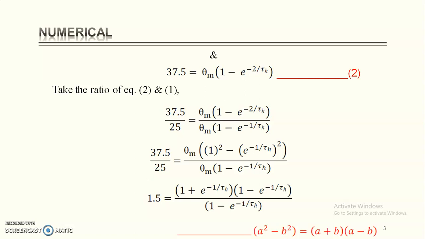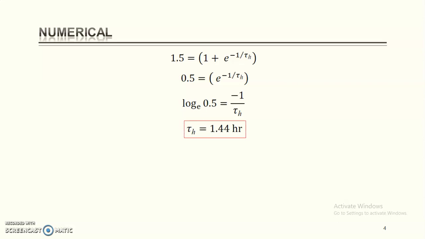On the left hand side, taking the ratio, you get 1.5, and on the right hand side we have a plus b and a minus b in the numerator. I can cancel 1 minus e raised to minus 1 upon tau h from the numerator and the denominator. Finally you get 1.5 equals 1 plus e raised to minus 1 upon tau h. So by simplifying, 0.5 equals e raised to minus 1 upon tau h. Taking the logarithm, you can calculate tau h. Finally, tau h equals 1.44 hours, which is the heating time constant.